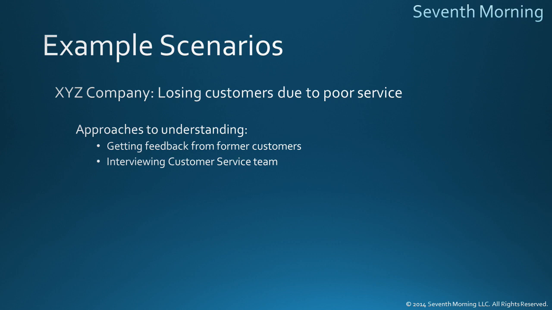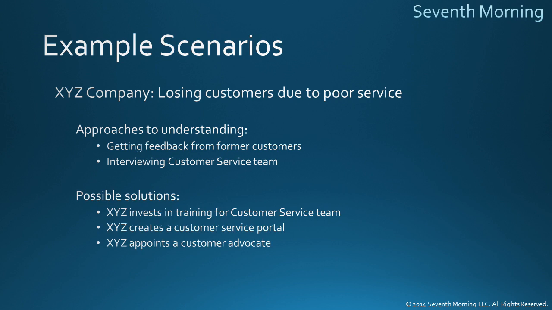Once gathering that information and getting a solid understanding of the need, they might recommend that the company invest more in training its customer service staff, or that an online customer service portal be created, or even that an individual be assigned within the company to serve as a customer advocate.